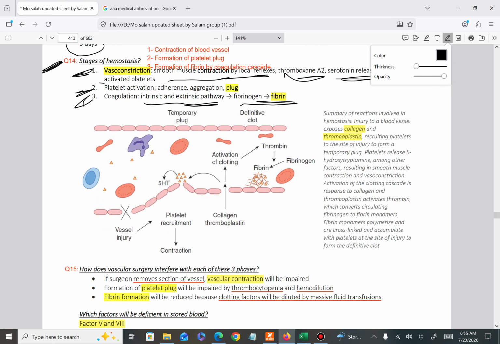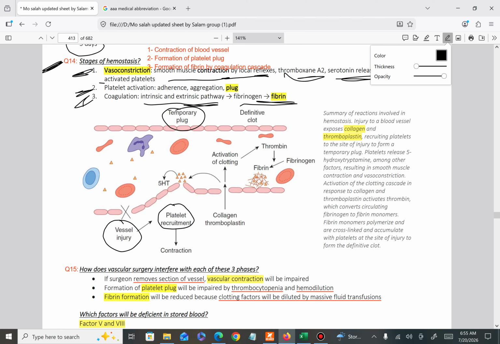So this diagram shows the stages of hemostasis. First there will be vasoconstriction when there is vessel injury or any injury. When there is vessel injury, first there will be a temporary plug, the platelet plug.